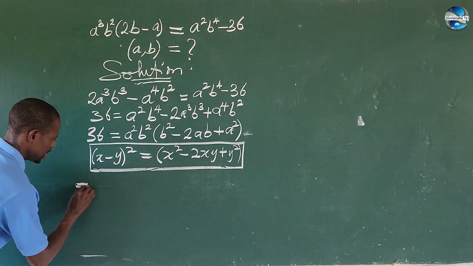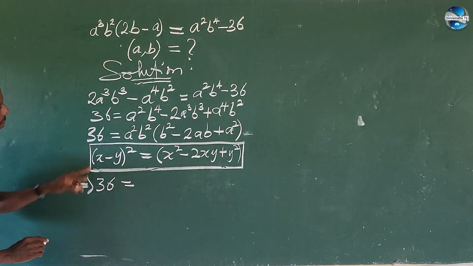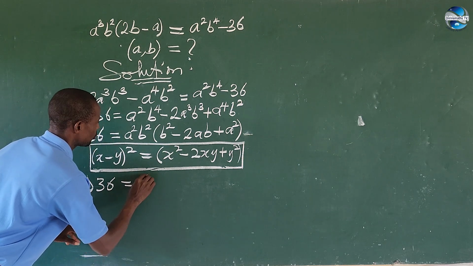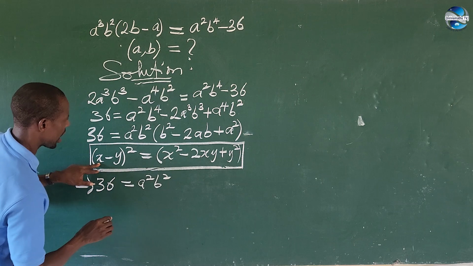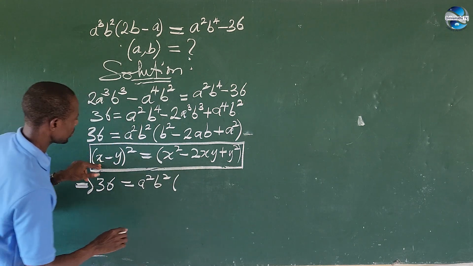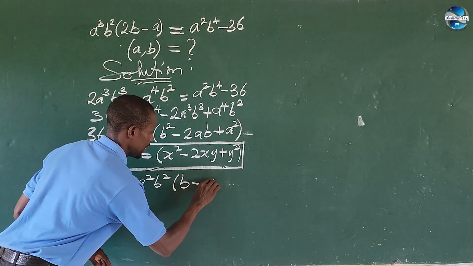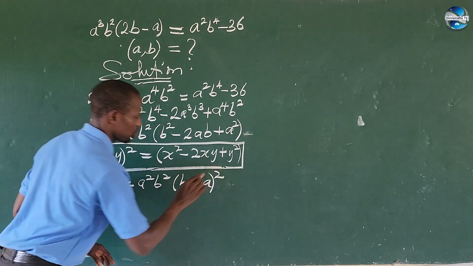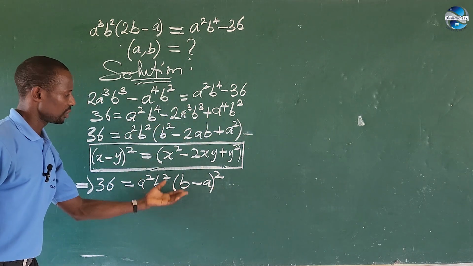Thus, this now means that 36 is equal to a to the power of 2, b to the power of 2, then b minus a, close bracket, squared. So what I have here now is what I've reduced to this format.